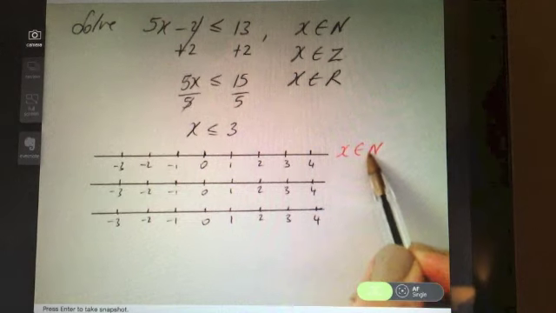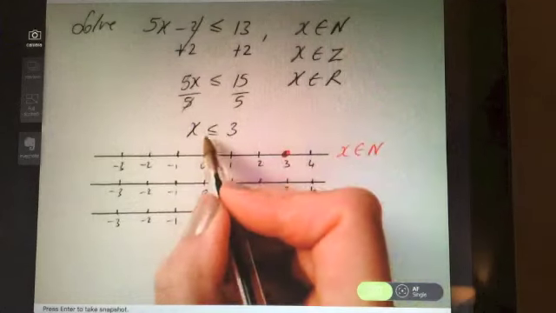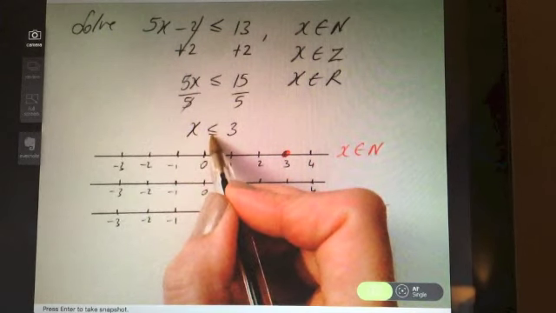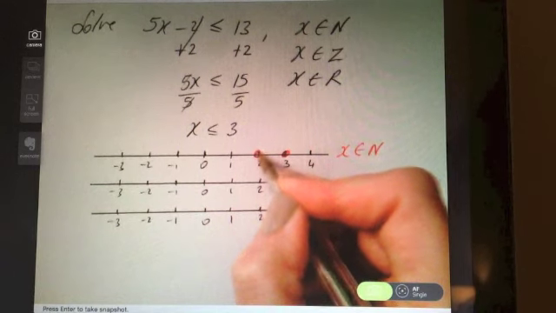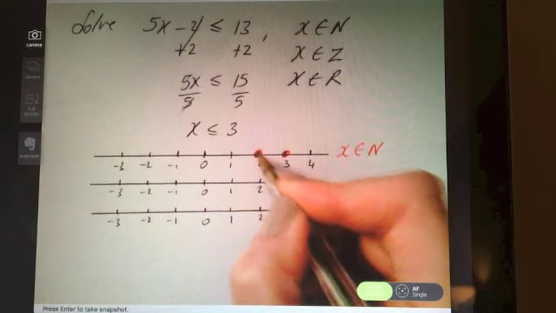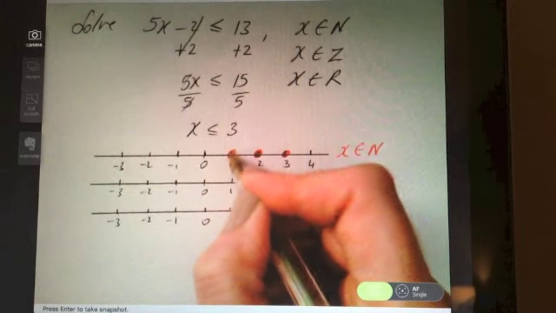But if I'm only talking about the natural numbers, remember, are positive whole numbers. So I can include 3 because I have the or equal to sign. Less than 3 then would be 2, and I can include 2. It is a positive whole number. And I can include 1. 1 is less than or equal to 3, and it's a positive whole number.